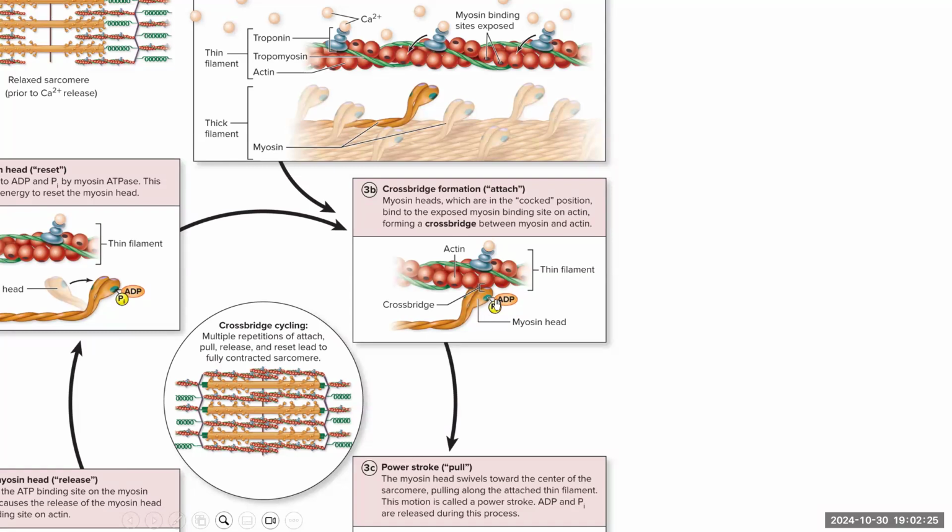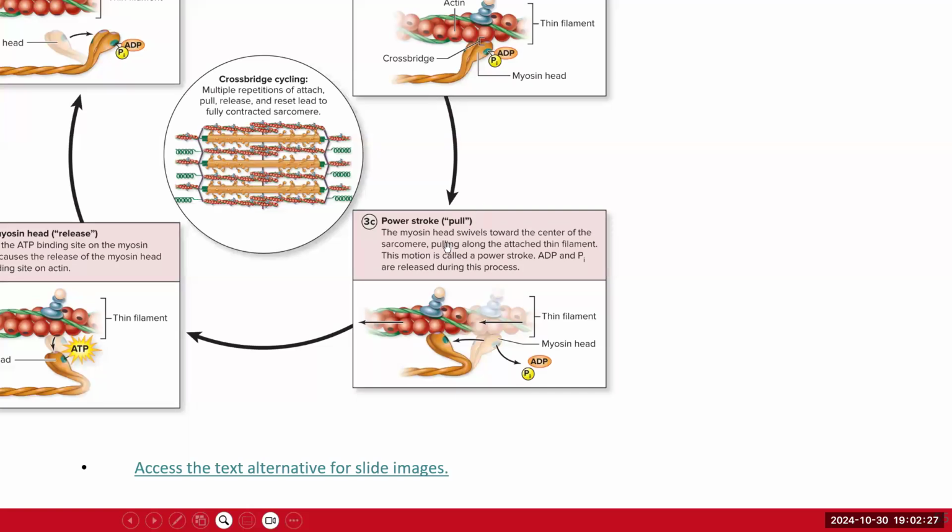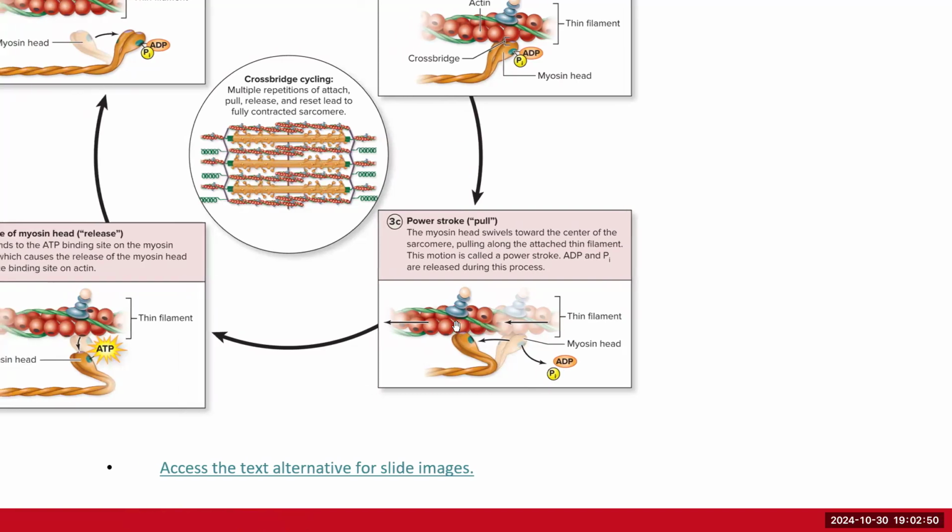So at this point, as the myosin head pulls actin to the center of the sarcomere, that ADP and the inorganic phosphate pop off. Now, mind you, myosin is still attached onto actin. I'll explain the significance of that in a second.